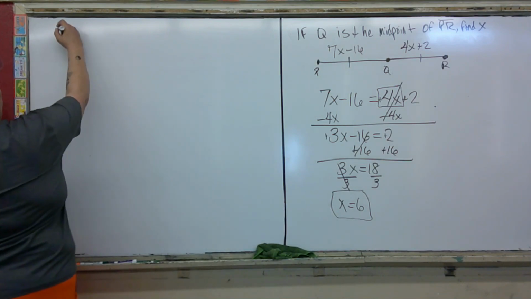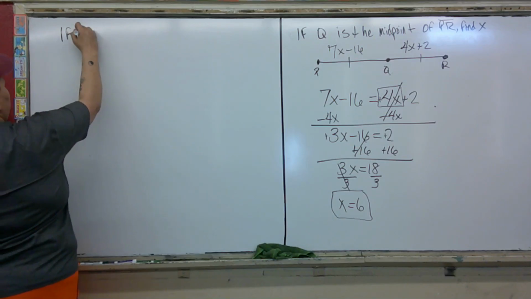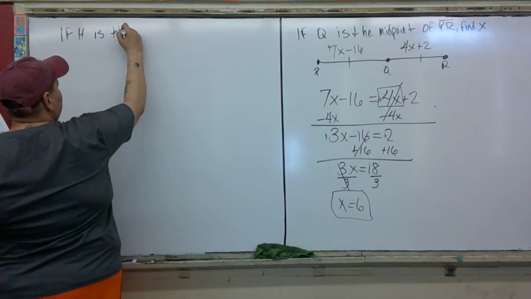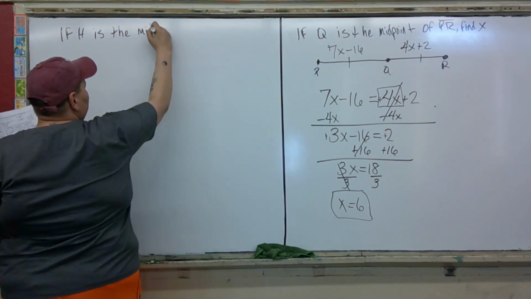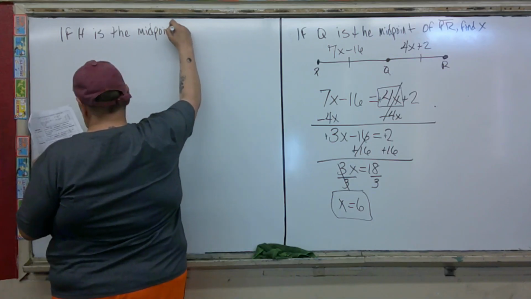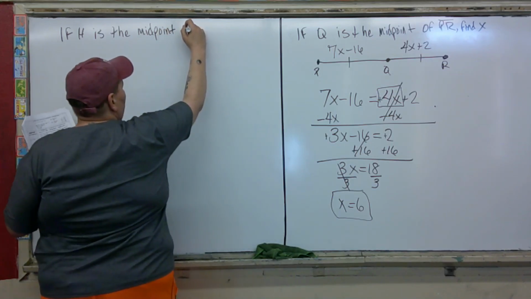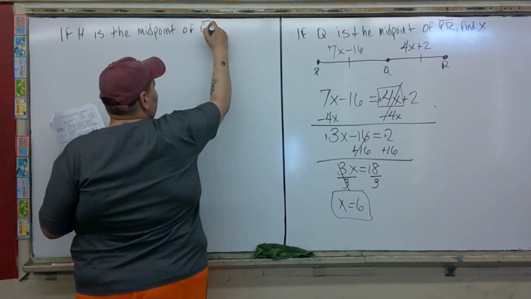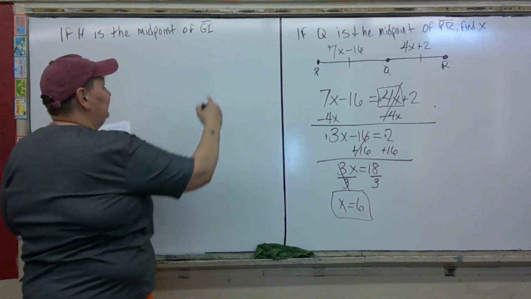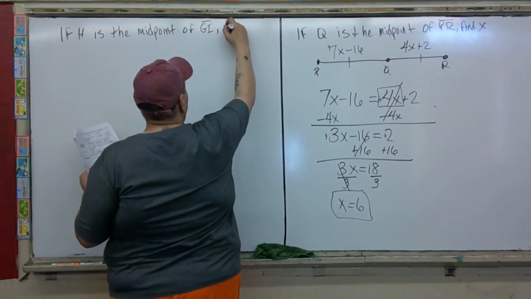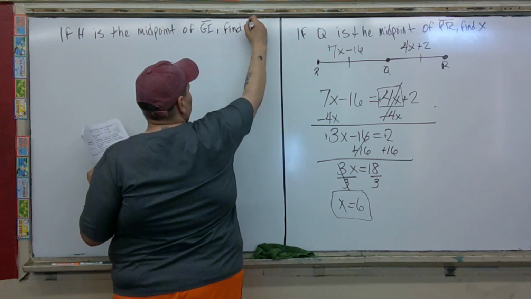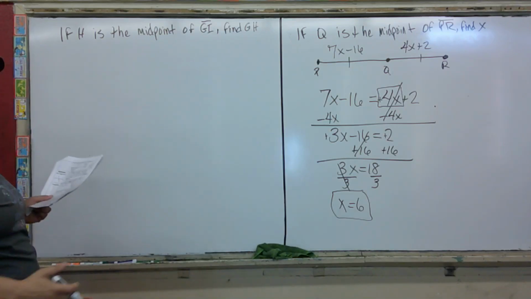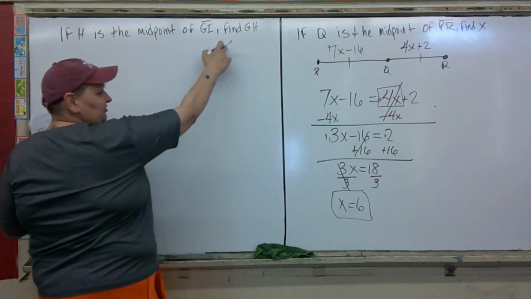Right? So, if H is the midpoint of GI, the segment GI, this time I want you to find GH. This is why it's so important you go back and double check the question. Make sure you answer the question.